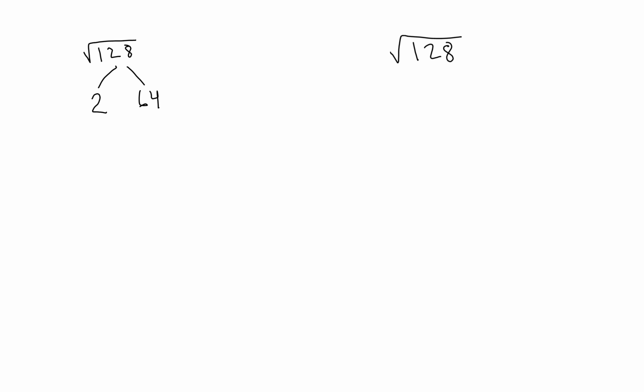And then 64 we can factor into 2 times 32. 32 we can factor into 2 times 16. 16 we can factor into 2 times 8. 8, 2 times 4, and then 4, 2 times 2.